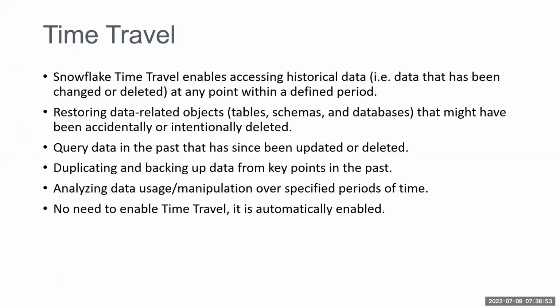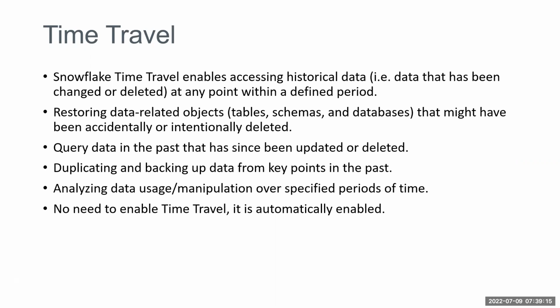So what is time travel? Snowflake time travel enables accessing historical data at any point of time within a defined period. Suppose I have some data set, and over time I'll be modifying that data set. I'll be inserting some data or updating some data or deleting some data.